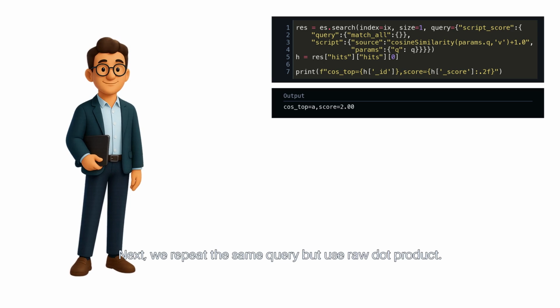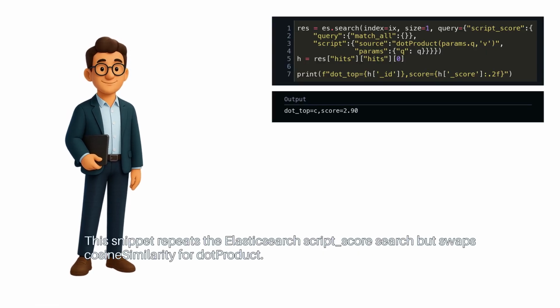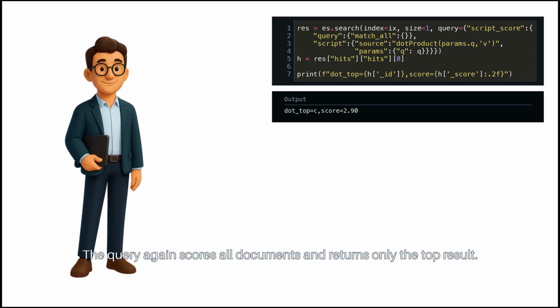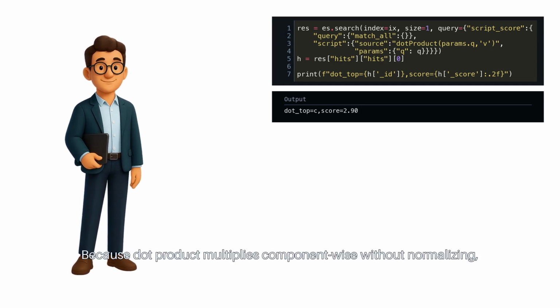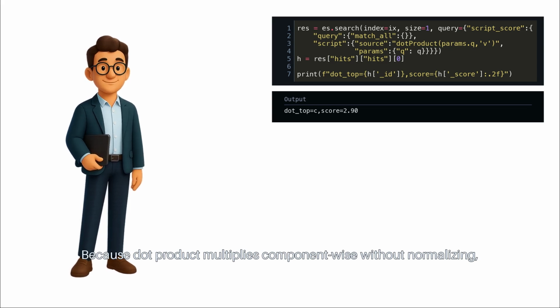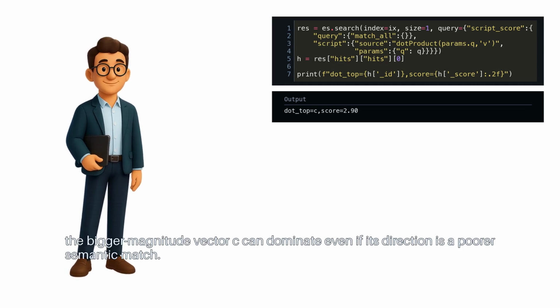Next, we repeat the same query, but use raw dot product. This snippet repeats the Elasticsearch script score search, but swaps cosine similarity for dot product. The query again scores all documents and returns only the top result. Because dot product multiplies component-wise without normalizing, the bigger magnitude vector C can dominate even if its direction is a poorer semantic match.